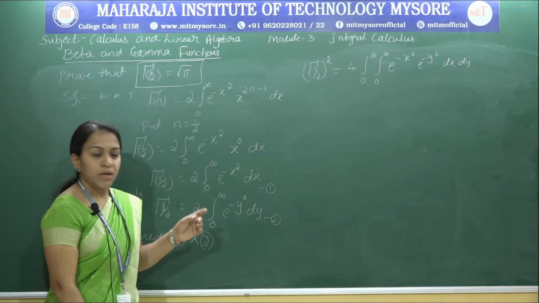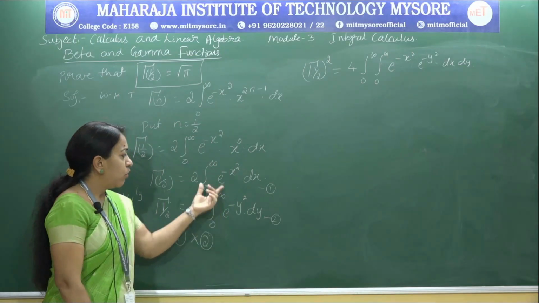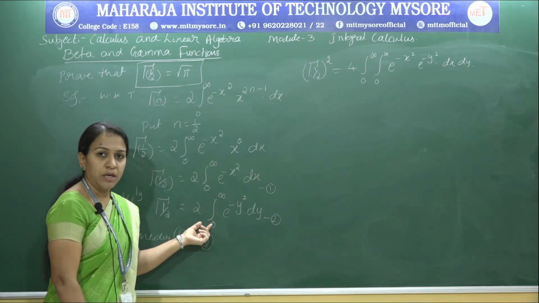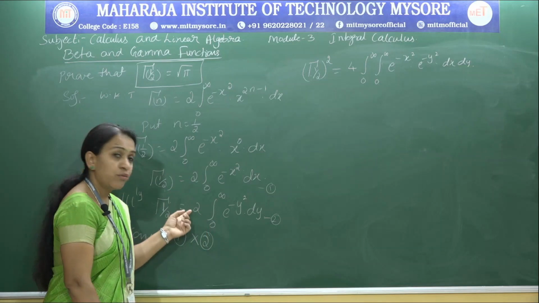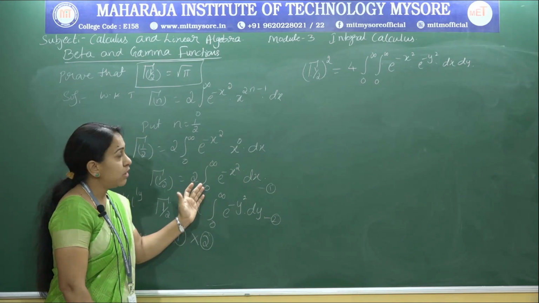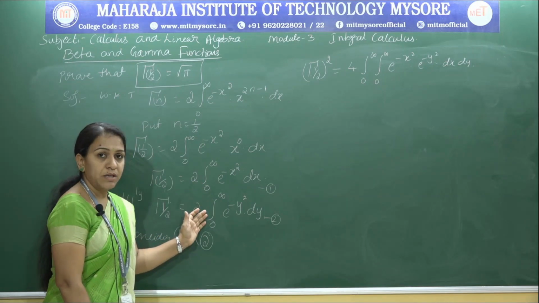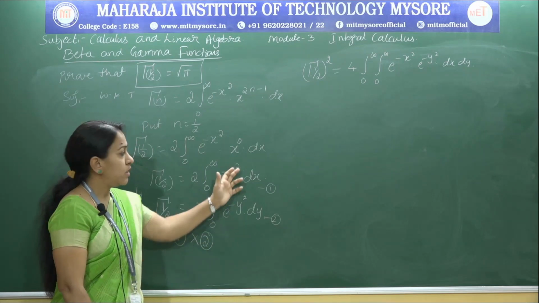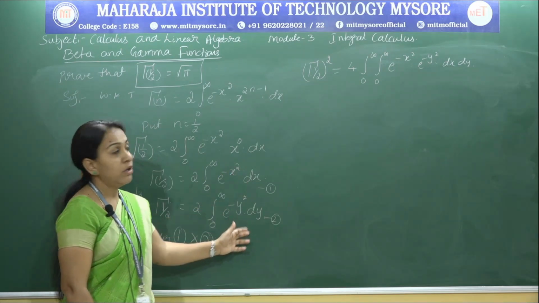I think I skipped one step. Instead of writing both line integrals, I multiply directly because both have the same limit, and we have 2 to the 4. Multiple single integral e power minus x square, e power minus y square dx dy.